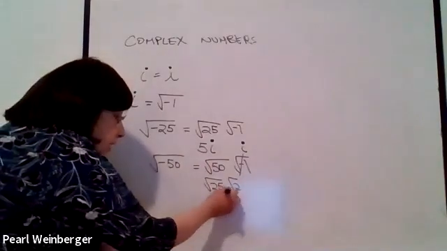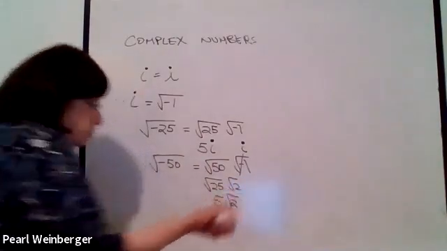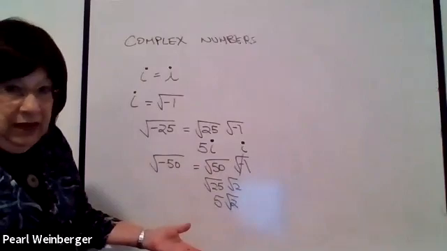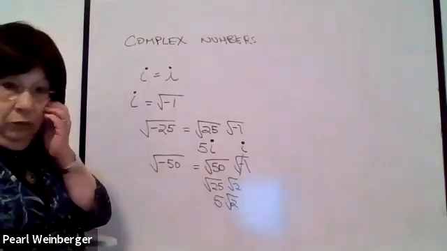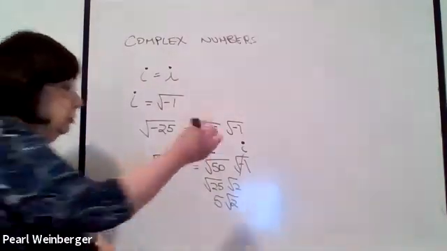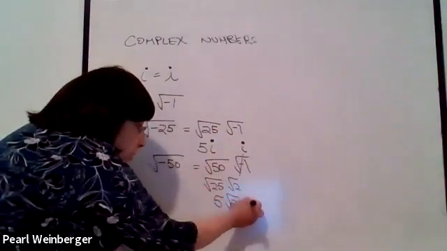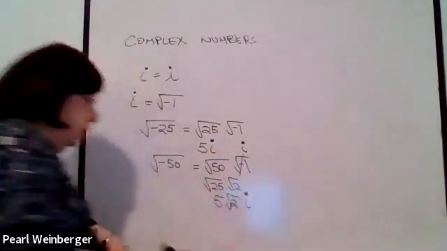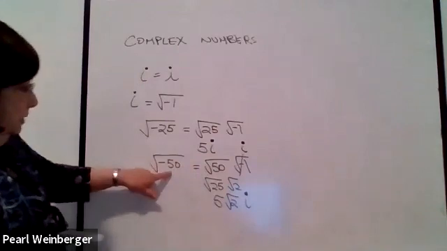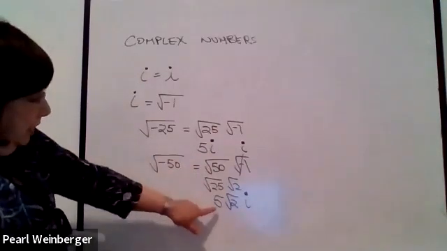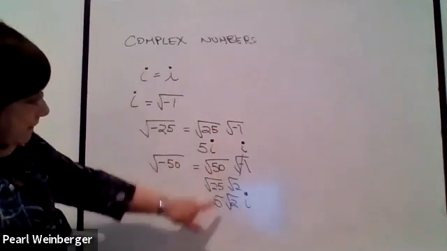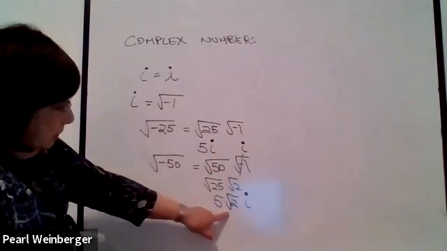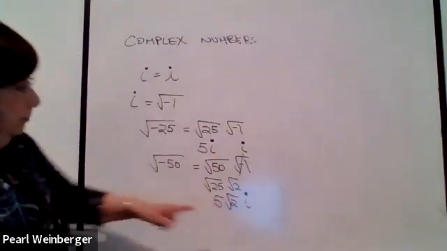The square root of -2 is going to stay square root of -2 because it's not a rational number. It doesn't have a square root. And the square root of -1 is going to be i. So this is going to be simplified into the product, multiplying 5 times radical 2 times i.